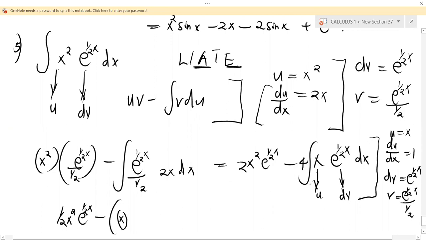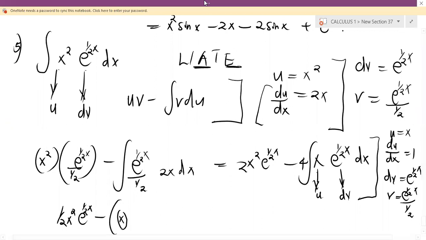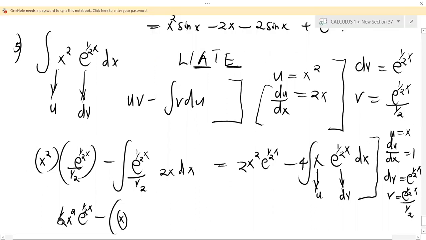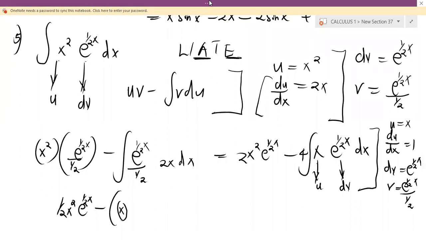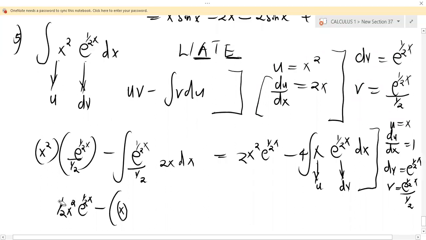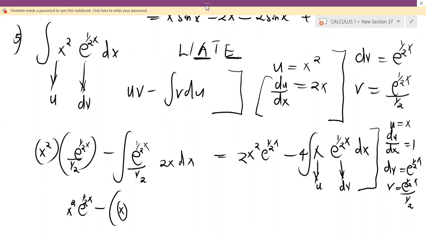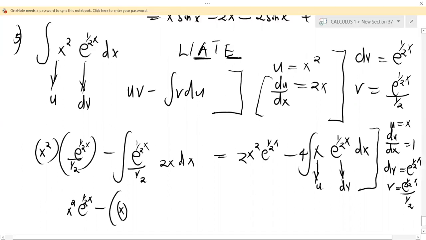So now, having that, we can continue and evaluate the next part. So this is 2x squared exponential a half x minus, we need uv minus integral of v du.